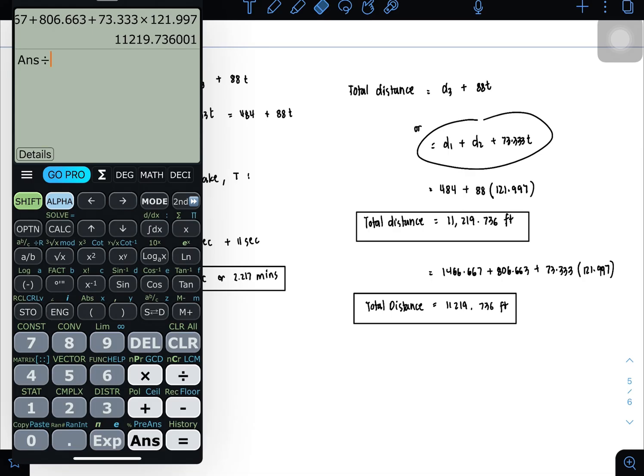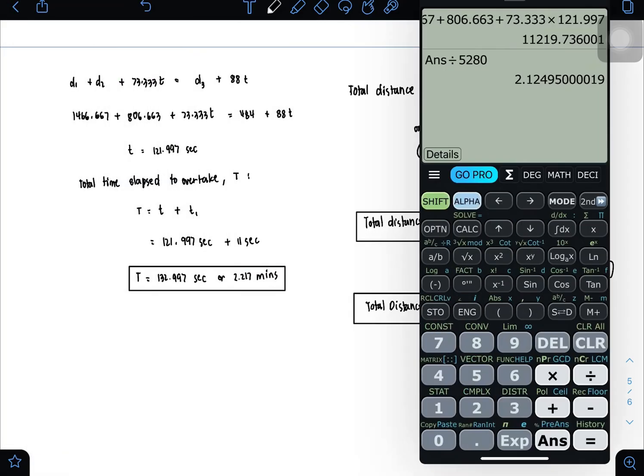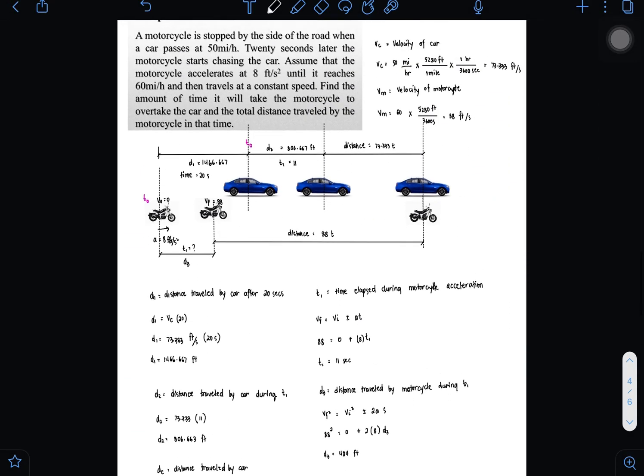That is to be divided by 5280. That's 2.125 miles. So this is 2.125 miles. Right, that's it for this example.